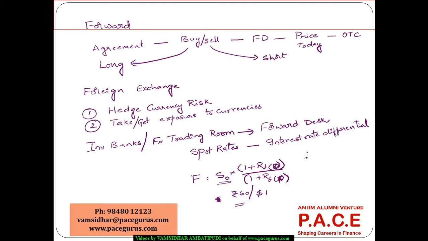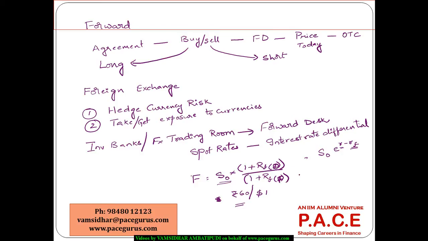So what we typically see, even in the case of continuous compounding, is whatever the spot rate is multiplied by e to the power of (r minus rf). r is the domestic currency risk-free rate of return, rf is the foreign currency risk-free rate of return.